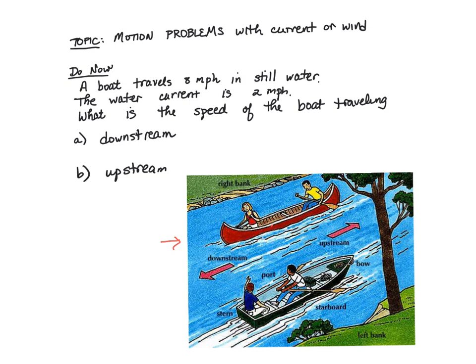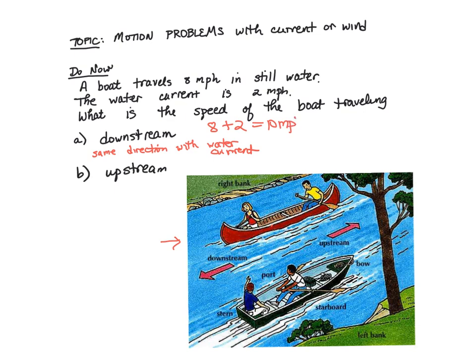So when we say downstream, it's implied that we're going in the same direction with the water, or with the water current. So that means the canoe would increase speed, and it would make sense that the speed would be 8 plus 2, or 10 miles per hour.